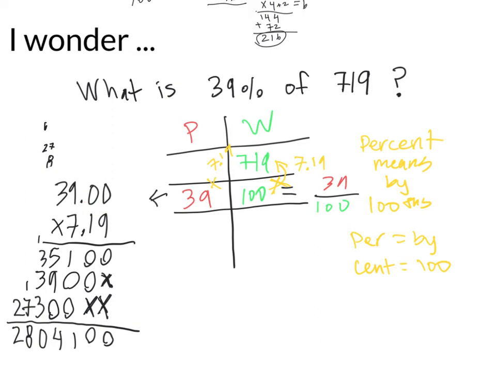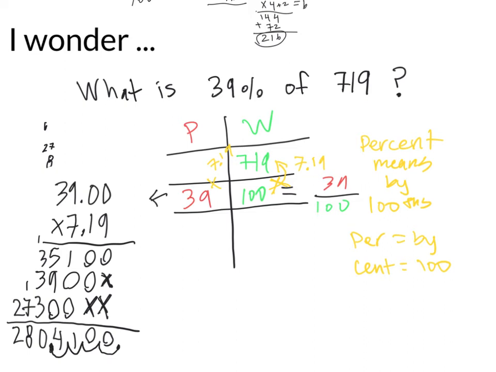So that gives us a really big number, but we got to remember that we have our place value markers here. So 1, 2, 3, 4. 1, 2, 3, 4, which means we put the place value where we thought it would be and then go 1, 2, 3, 4.